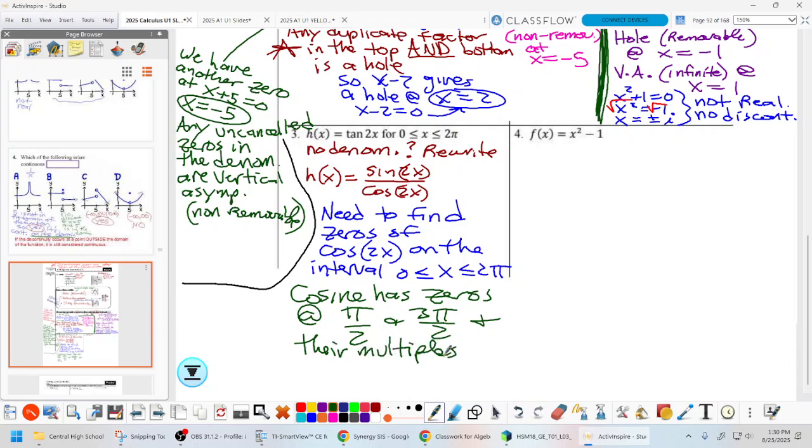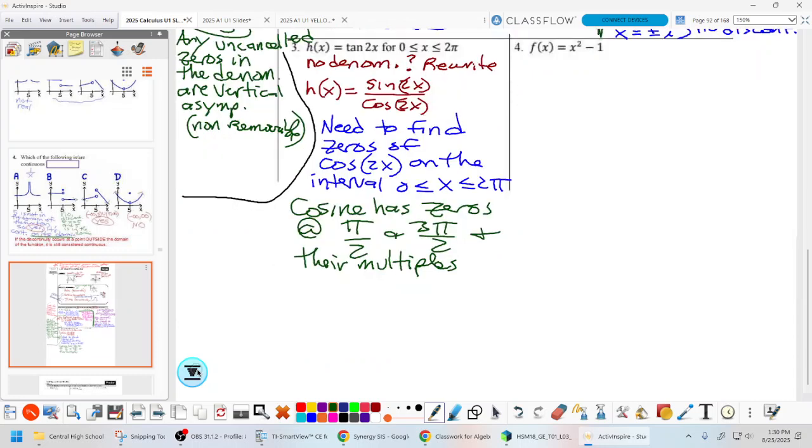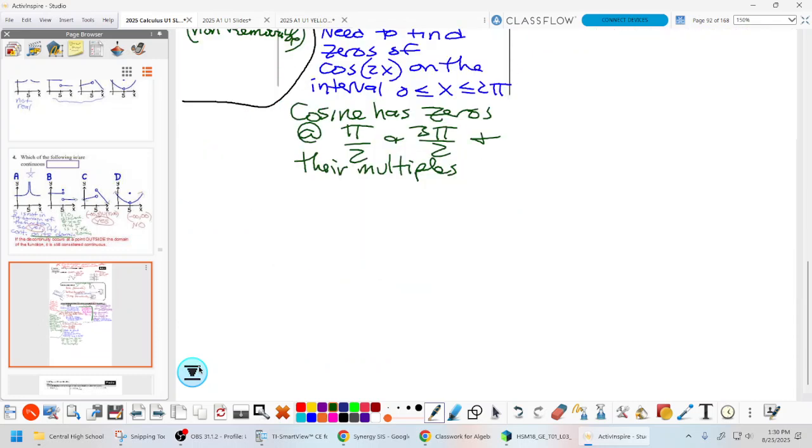Okay, so our job is to figure out where this cosine has zeros. So we're setting 2x equal to pi over 2, or 2x equal to 3 pi over 2. Everybody following why?